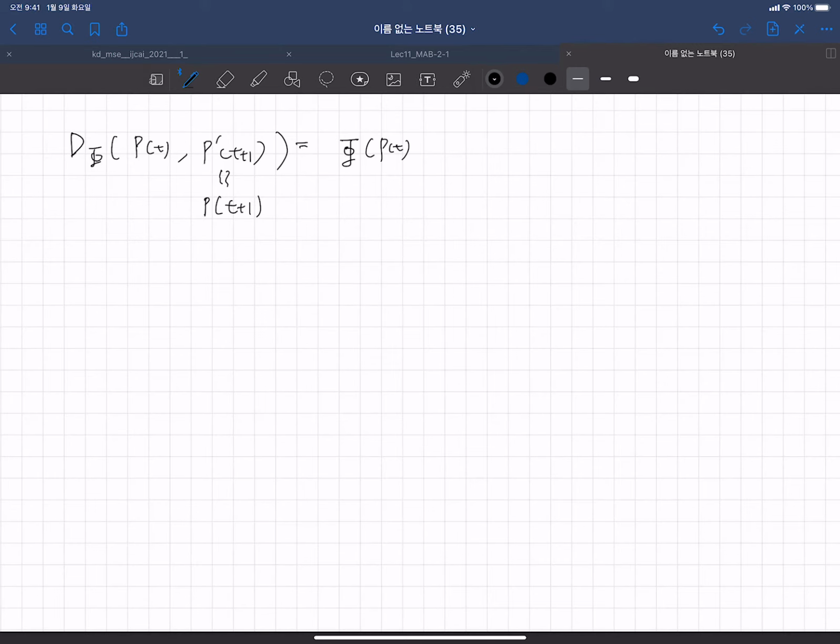Okay. And this value from the definition: pi of pt minus pi of p prime t plus 1 minus the gradient of pi at p prime t plus 1, inner product with pt minus p prime t plus 1. Okay, so again, when eta is very tiny, the difference between pt and p prime t plus 1 is very small.